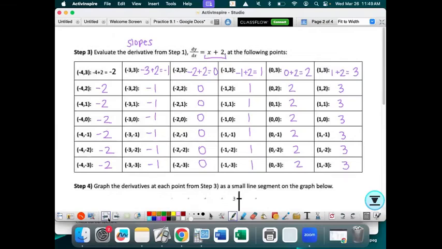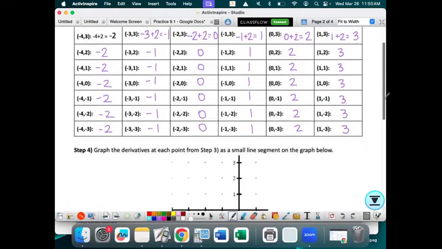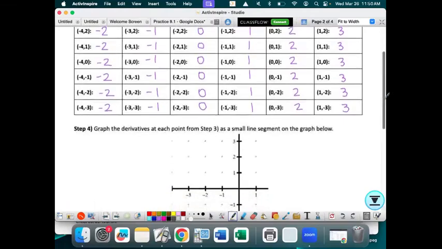Reason being, 0 is very easy to plot. A slope of 1 is what you will gauge all of your other slopes relative to. So if I happen to have a slope of 1/2, I know that if I draw a slope of 1, a slope of 1/2 is going to be half as steep. If I have a slope of 1 plotted, my slope of 2 will be doubly as steep. So you always want to start with 0s and 1s, and technically -1s as well.